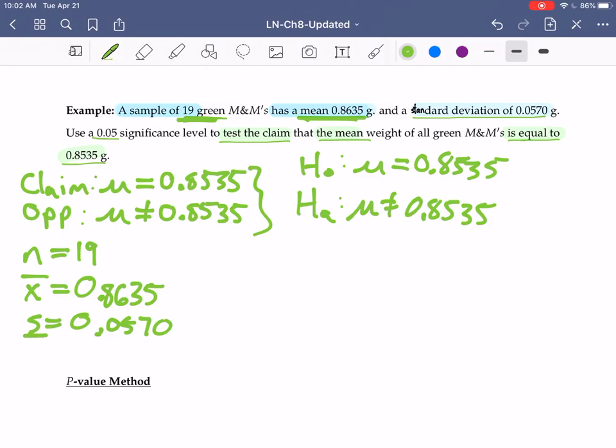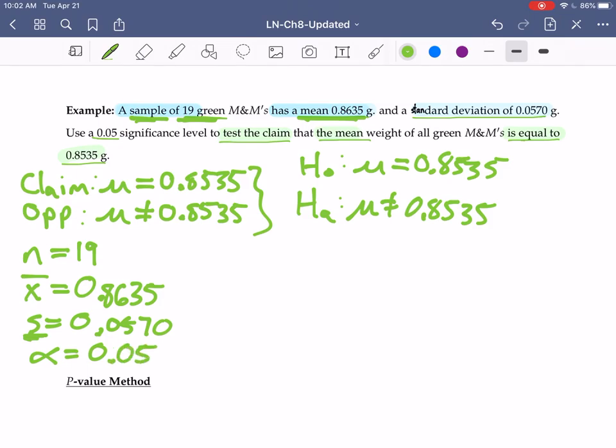That is a sample standard deviation because it's in the sentence dealing with the sample, and so that standard deviation is specifically tied to the sample. It is not a population standard deviation. And then we also identify our significance level, alpha, which is 0.05.